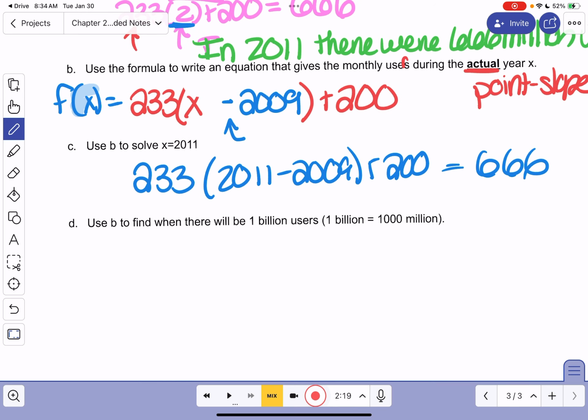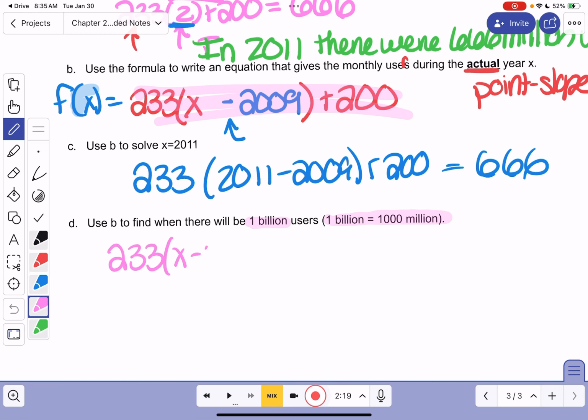Now it's saying use B, so we're going to use the equation we made here to find when there will be 1 billion users. And then it gives us a hint that 1 billion is 1,000 million. And we need that because our numbers are in millions. So we would write the equation, 233 times (x minus 2009) plus 200 equals 1,000 million.